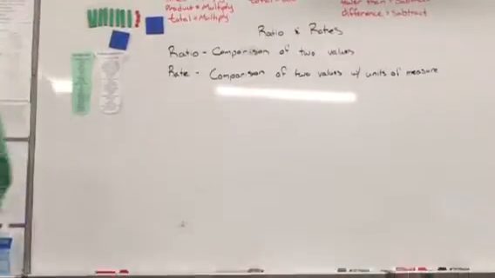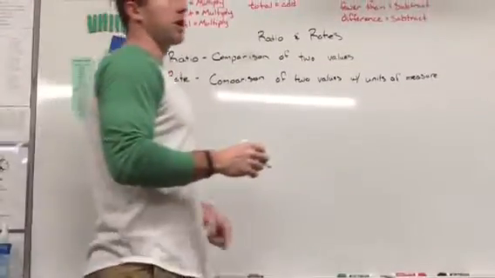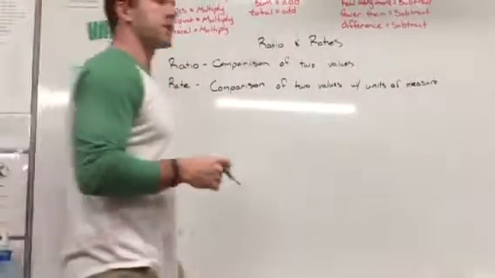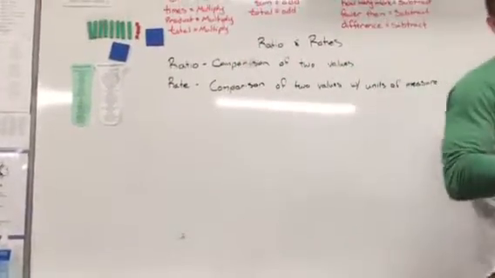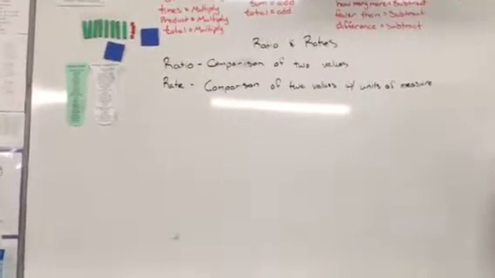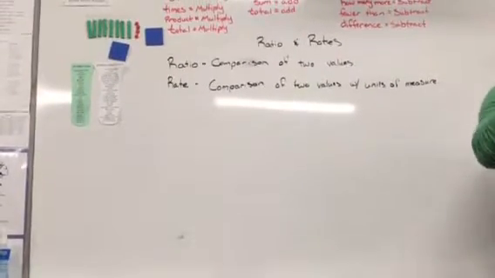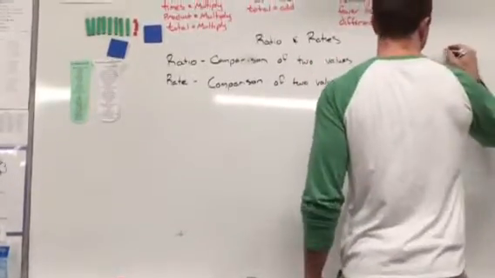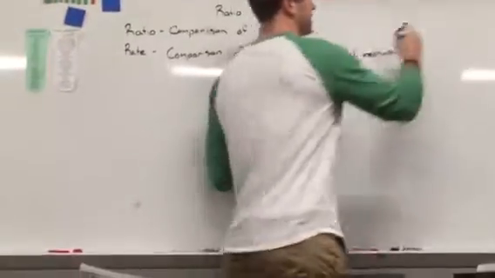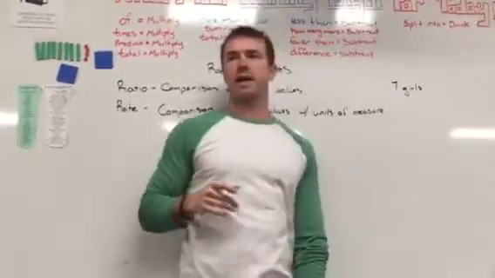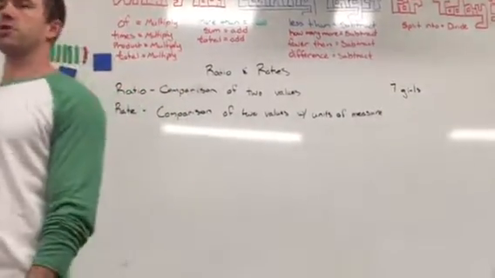Okay. So let's do the ratio girls to total students. So raise your hand, girls. We have how many total girls? 1, 2, 3, 4, 5, 6, 7. We have 7 girls. Okay, 7 girls. How many total students do we have in here?